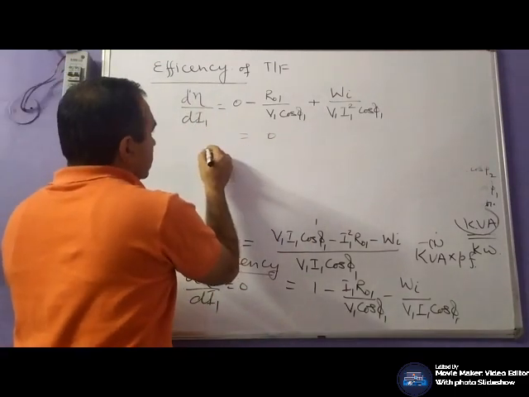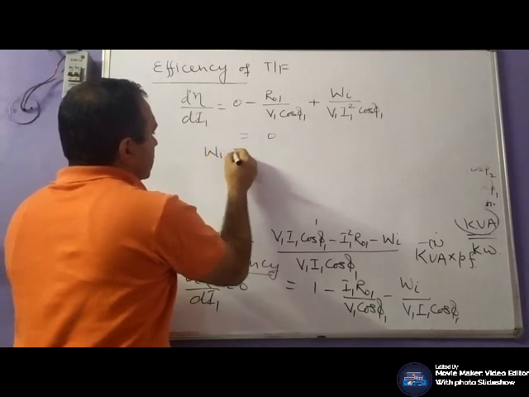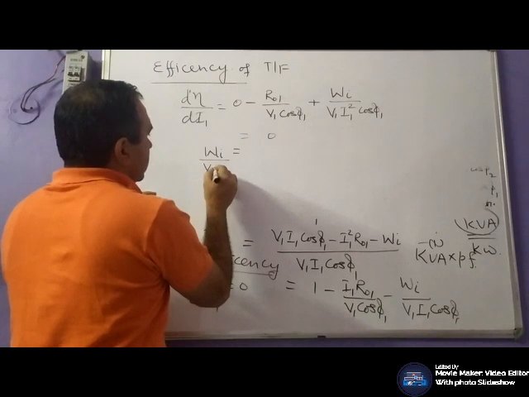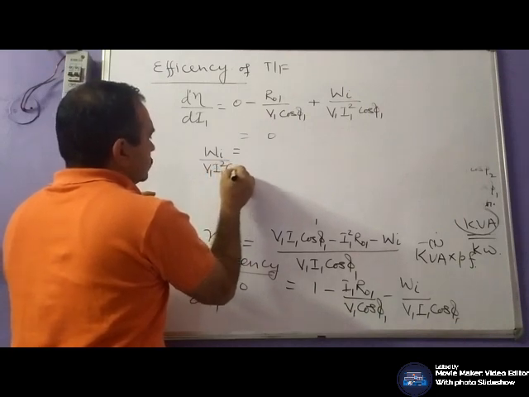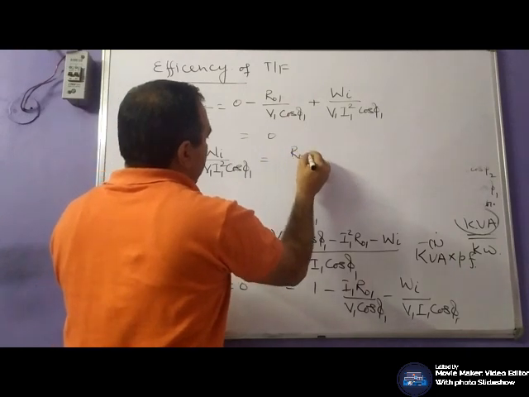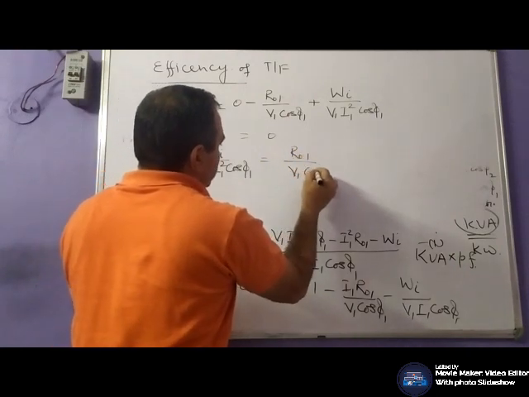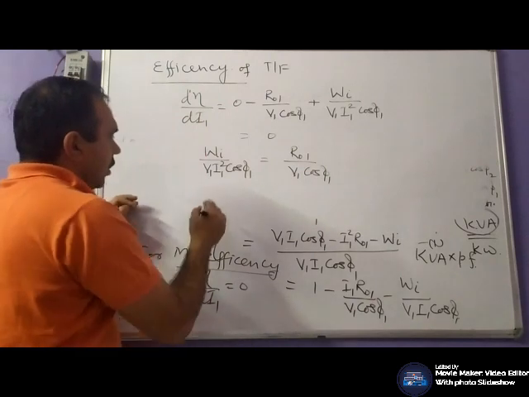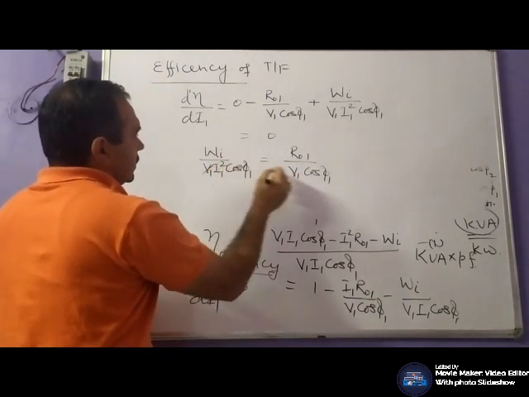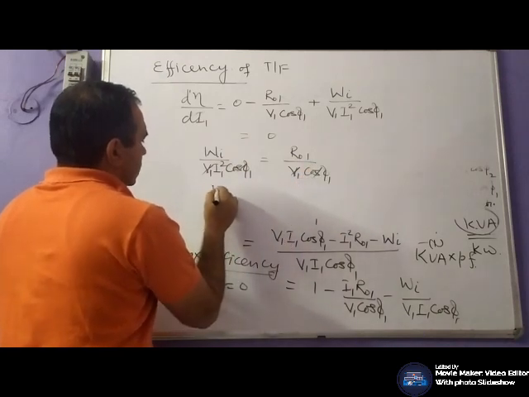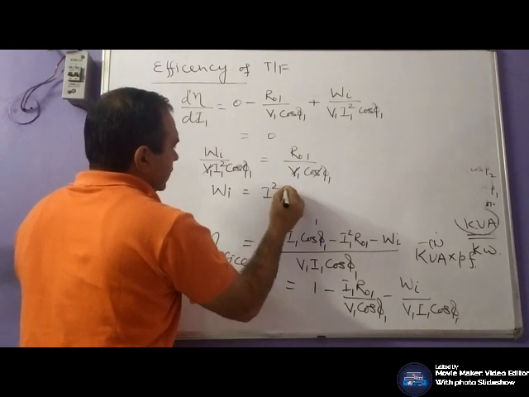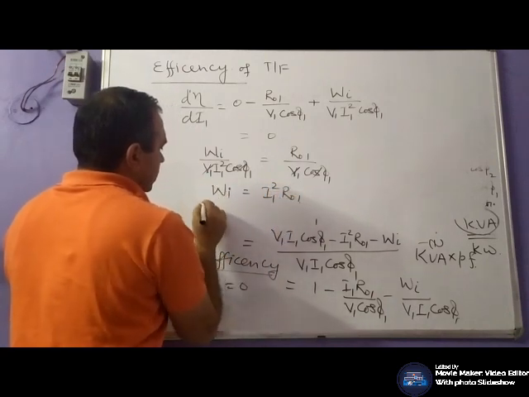Therefore, iron loss over V1 I1 square cos phi 1 should be equal to R naught 1 over V1 cos phi 1. Or this would cancel, and it is I1 square R naught 1.